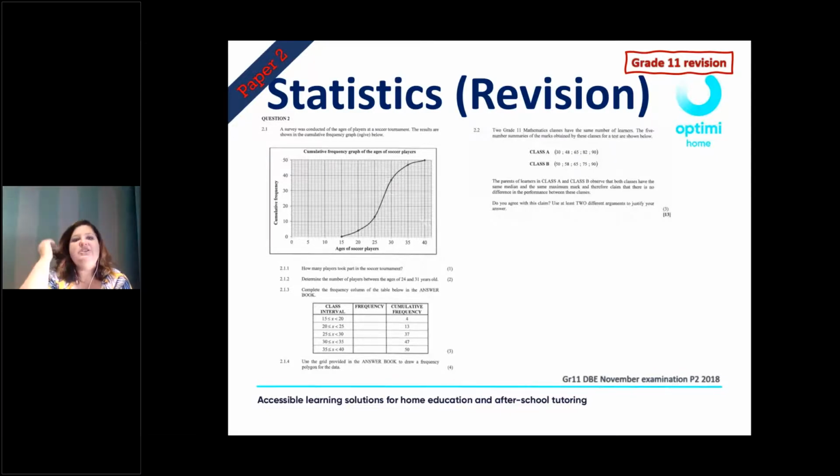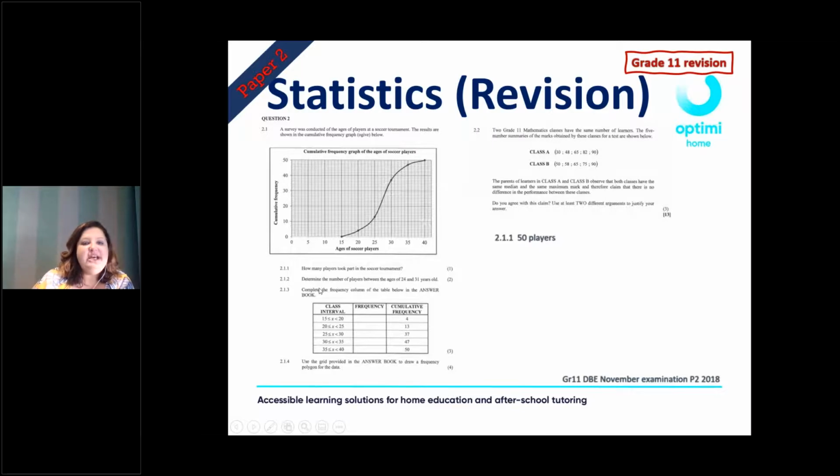If you think about cumulative frequency, you will add all of them together until you get to your total in the end. And if I look at this graph, I see adding and adding, and I get to 50. It means that there was a total of 50 players that took part in the soccer tournament.